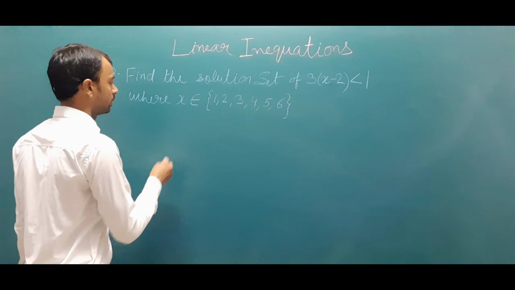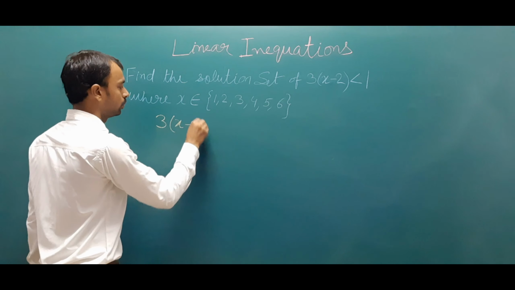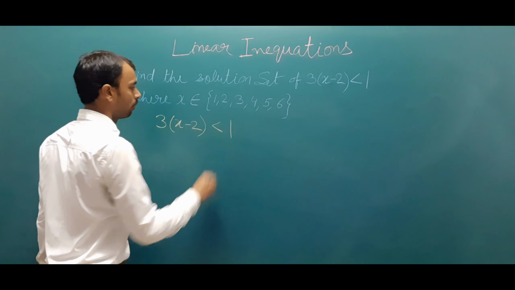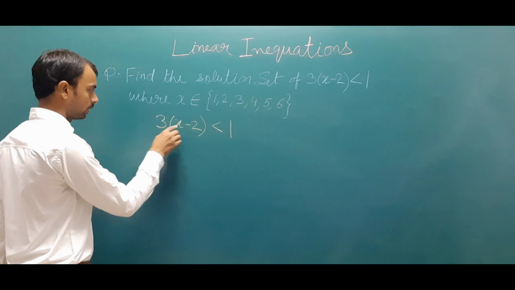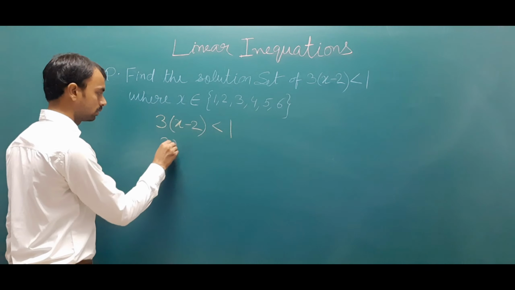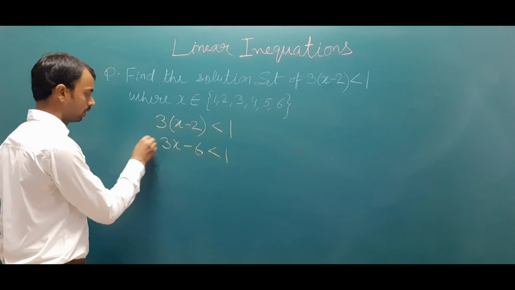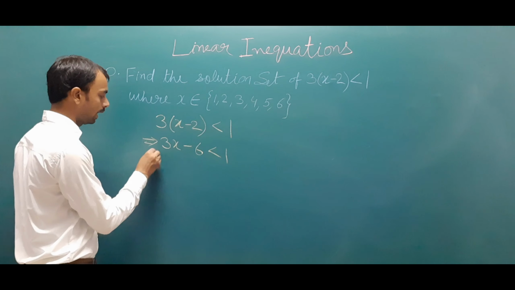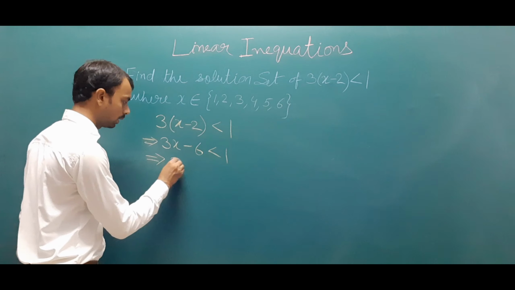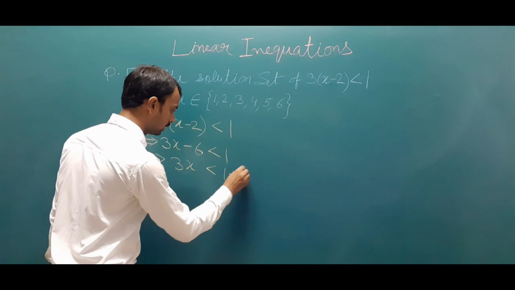So let us solve this question. It is 3 into (x minus 2) is less than 1. If we solve it, we get 3x minus 6 is less than 1. Here, like terms will be on the same side, so 3x is less than 1 plus 6.